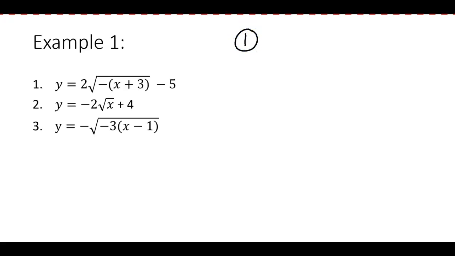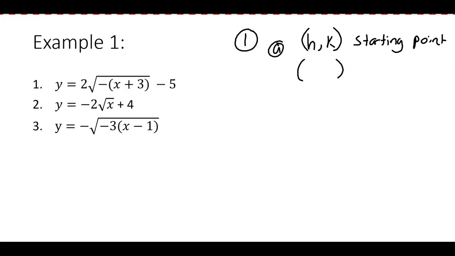Okay, so when you want to graph one of these things, the first thing that you want to do is find your h and your k, because that will be your starting point. All right, so what is my h?